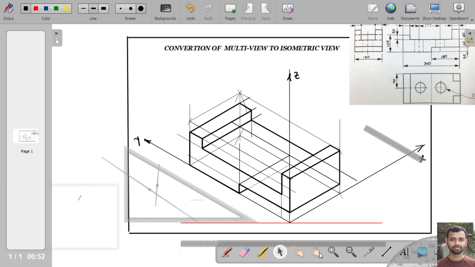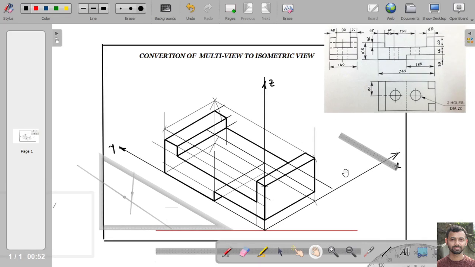So as you can see, there are two holes and both the holes have the same dimension, that is, it is given as 60 mm dia. So both the holes have a diameter of 60 mm.